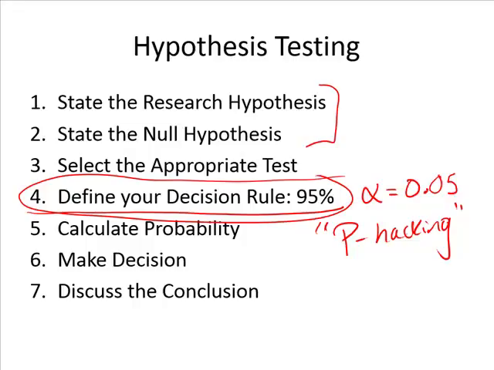So when I teach you how to set this, you have to understand that it's subjective. It's what you decide it to be, but it's also an area of criticism. Why did you do it this way? The P comes from probability. This is where the P comes from. Probability hacking. Okay. So you're going to set your decision rule.